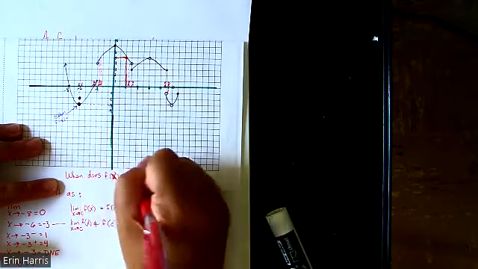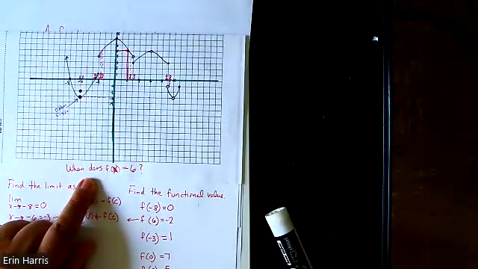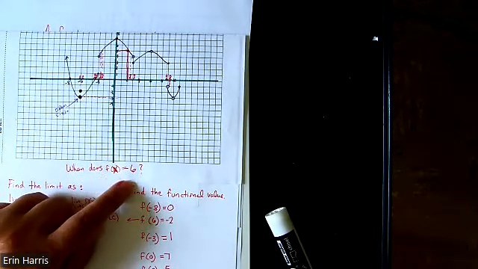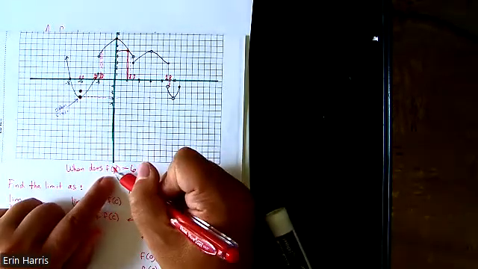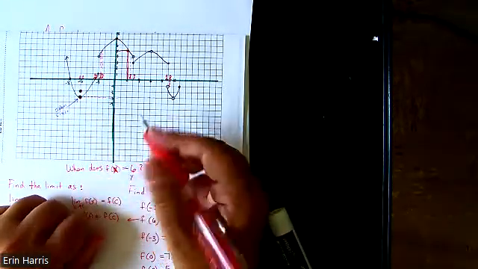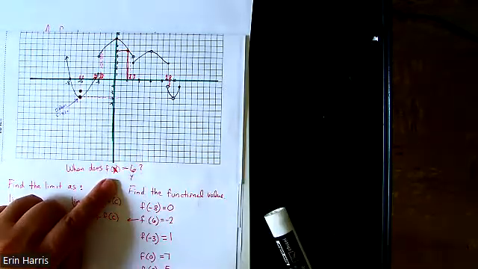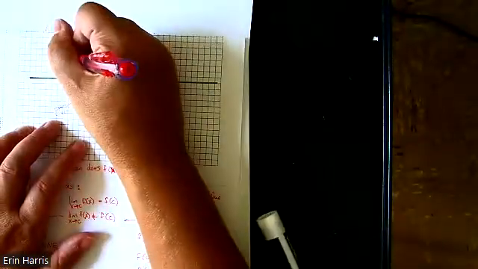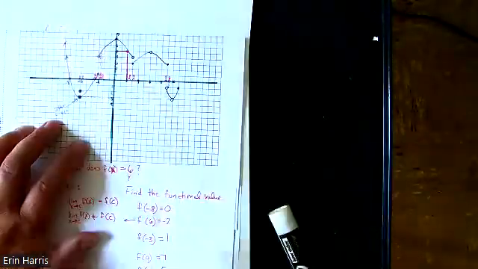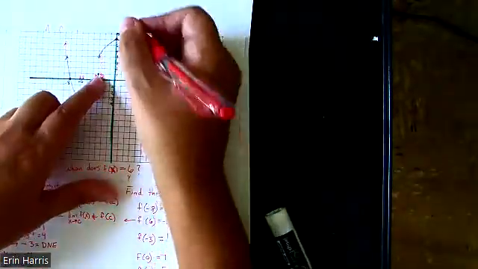We were doing this as practice at the beginning when we were talking about the difference between x's and y's. So this time I actually gave you the y, right? Find the x's for which f of x equals 6. Because this goes up, it would happen again too, but let's just focus in on this piece in the center.